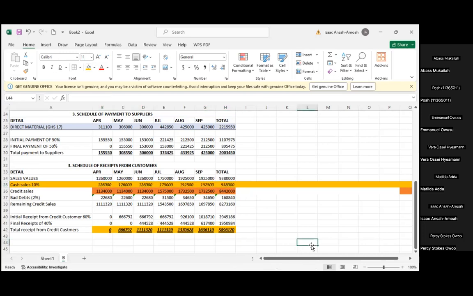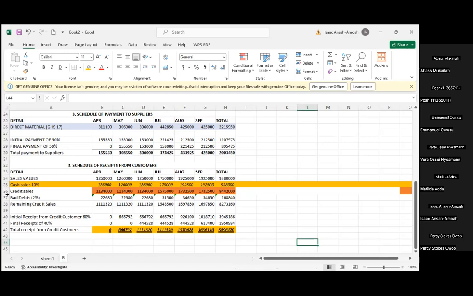But Isaac, under the receipts from customers, are we not supposed to calculate the total receipts, which is the credit receipt plus the cash receipt? Yes, so you can choose to do that, or just as I said, you can just lift this up straight there, and then you lift this also up straight there.